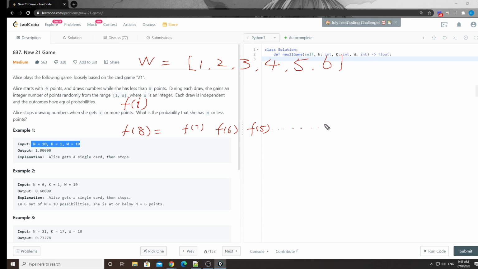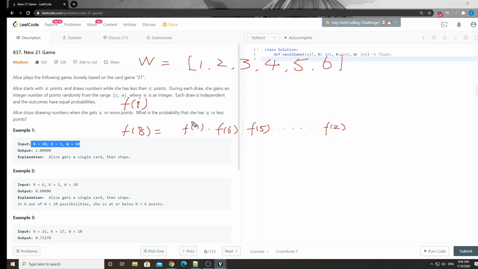The last one is F2, because from F2, if we draw a 6, then we also get F8. Basically, we have W ways to have 8 points in the end.